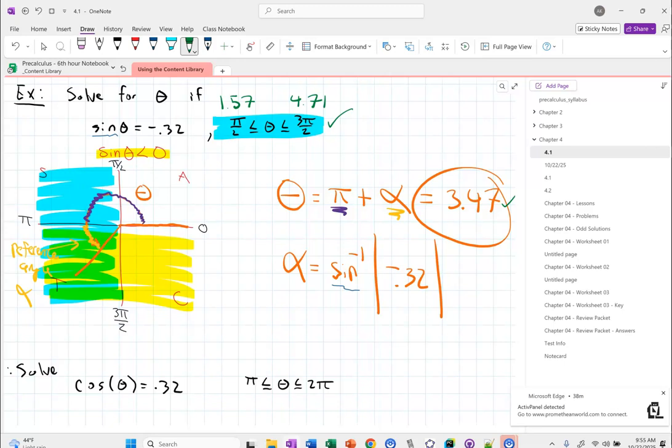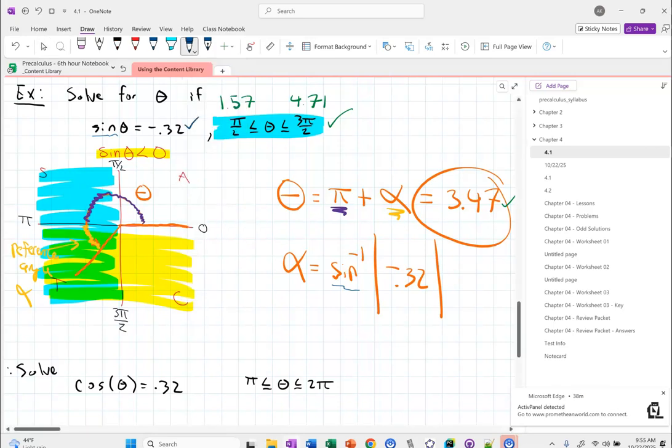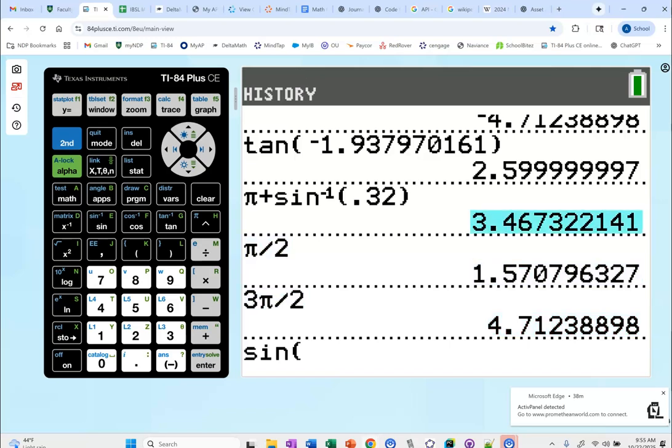Part two of my check is going to be to make sure that sine of 3.47 gives me negative 0.32. So I'm going to go back to my calculator, and I'm going to do sine of my answer.